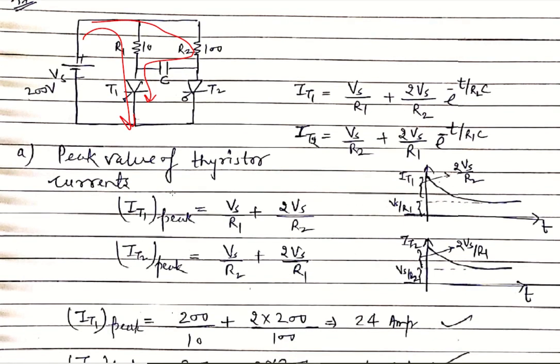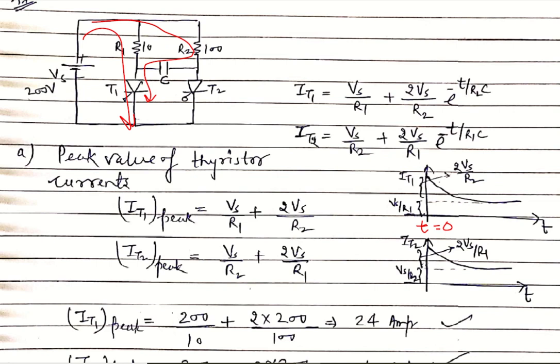Now we have to find the peak value of thyristor currents. In these two expressions, at t equal to 0, if we put t equal to 0 in the expression, the peak value of current obtained is Vs divided by R1 plus the exponential peak value 2Vs divided by R2.